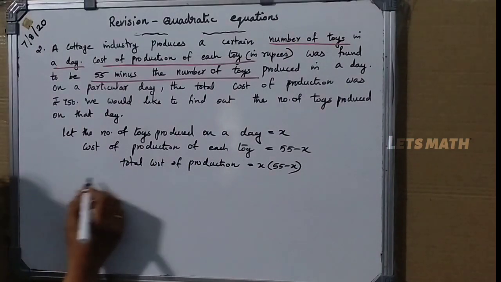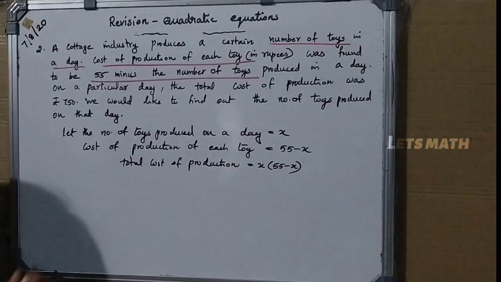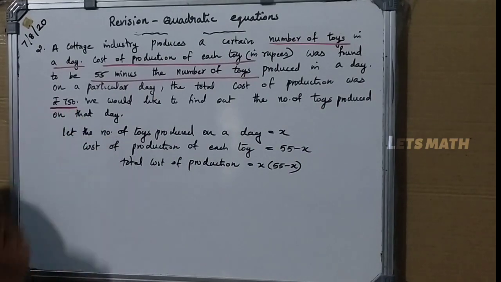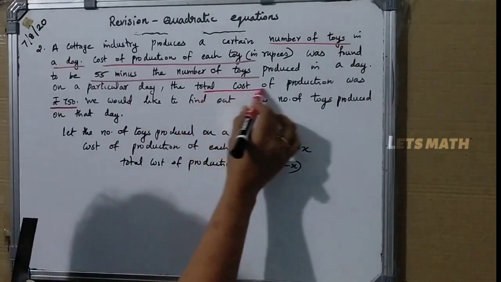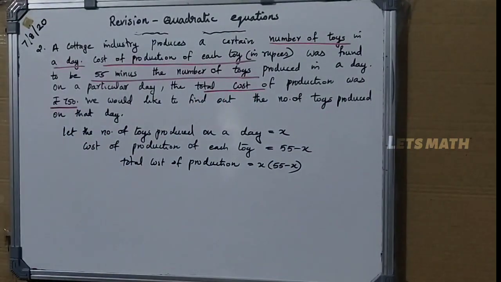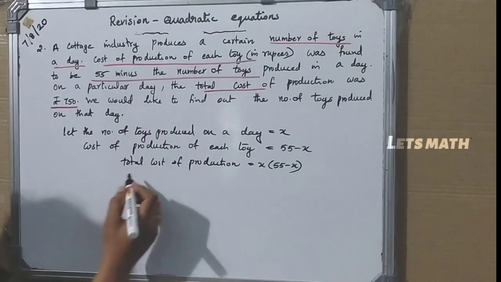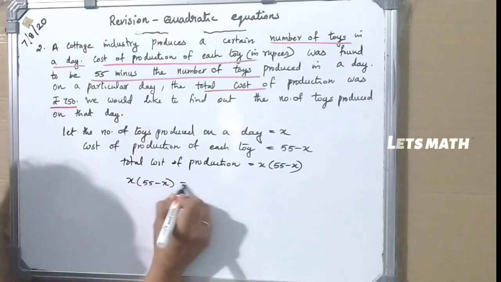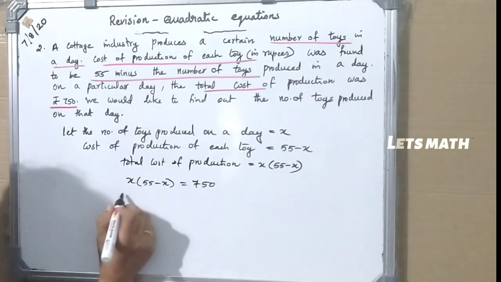According to the question, it is given that the total cost of the production is rupees 750 on a particular day. So that is X into 55 minus X equal to 750.